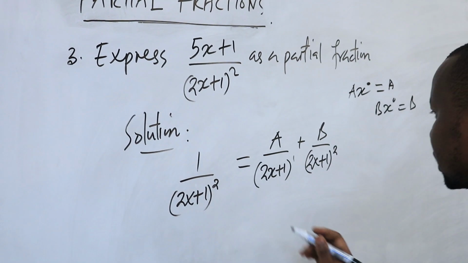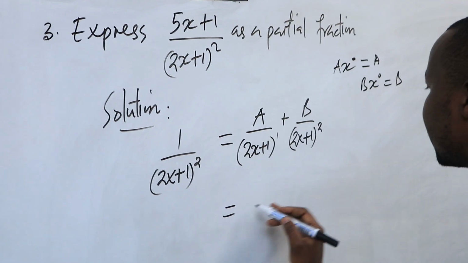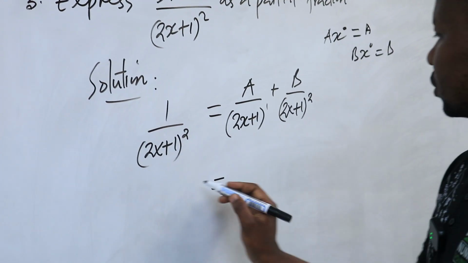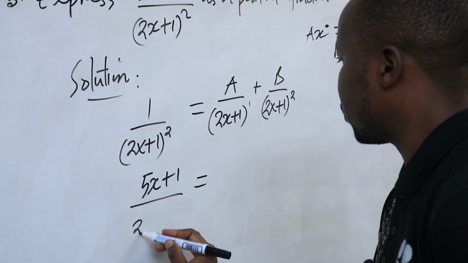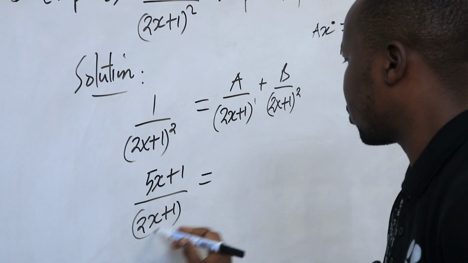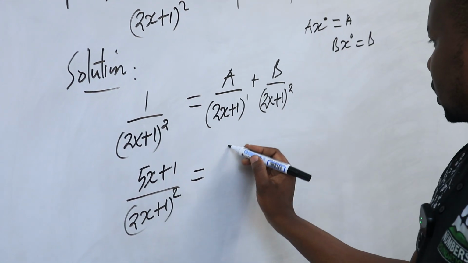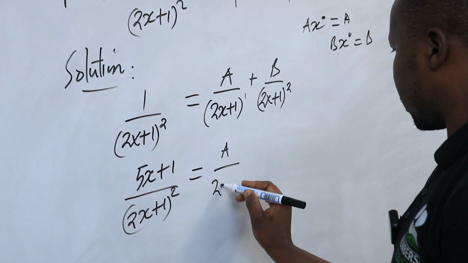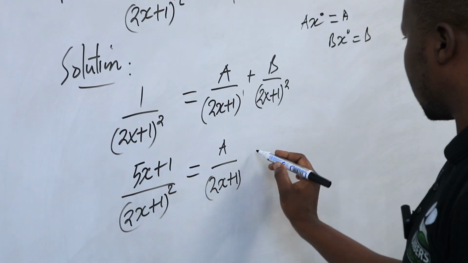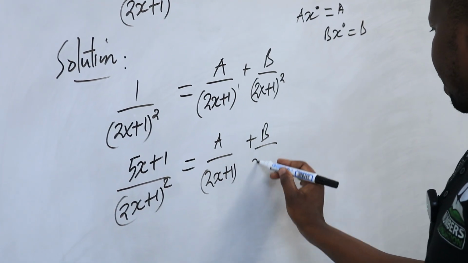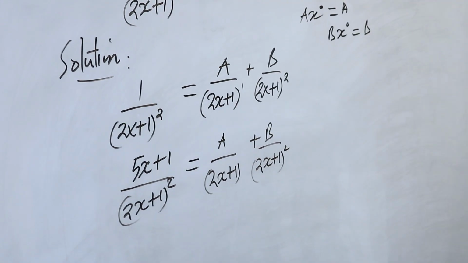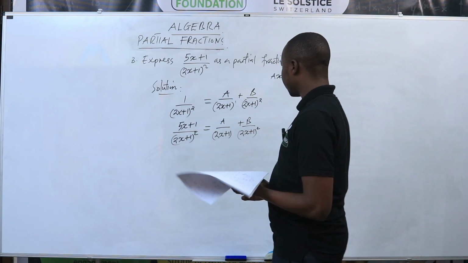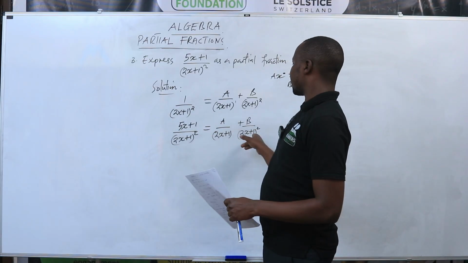So from this idea, when we find the LCM, it means from this (5x + 1) over (2x + 1)², now it will be A over (2x + 1) plus B over (2x + 1)². So from there, we find the LCM.